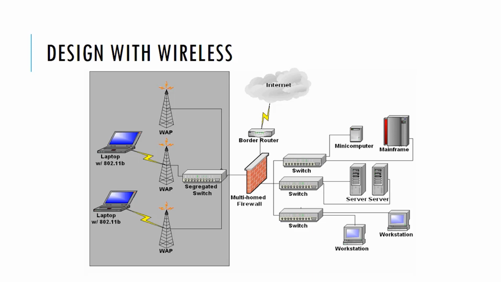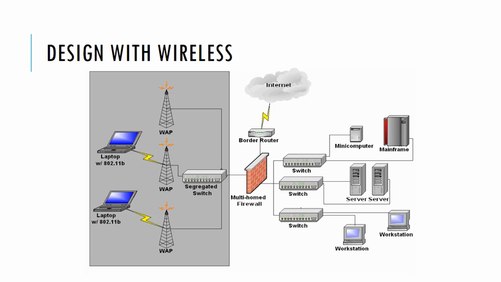Let's observe here also that the wireless devices have a separate switch that contains no wired devices at the same time. So it looks like a separate network that is connected to another network without any merging between them.